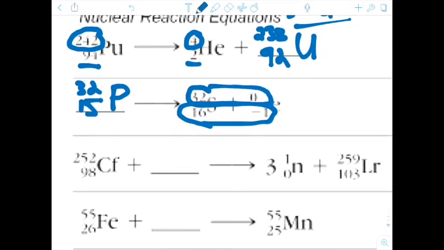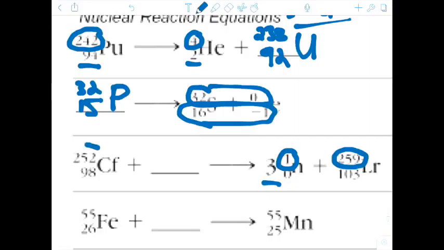Moving on to our next one, we have californium, and some element that produces 3 neutrons, because there's 3 right here. And we see that the mass number is 1, so 3 times 1 would be 3, plus our 259, and so what we would get is 262.